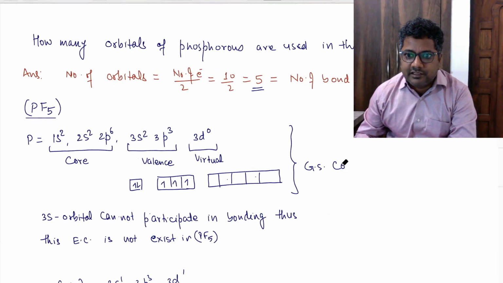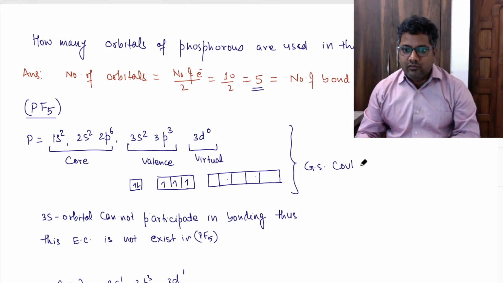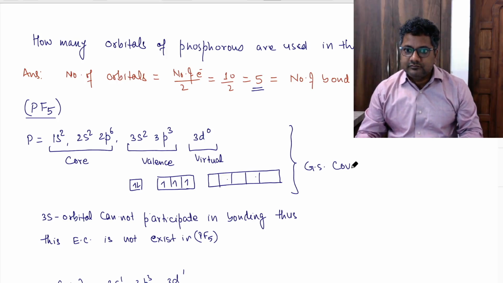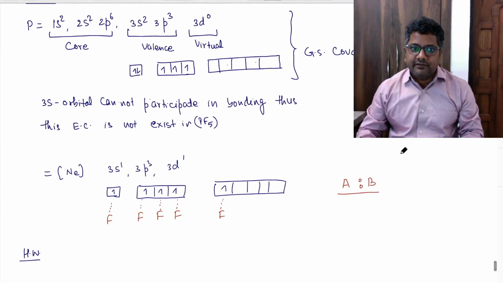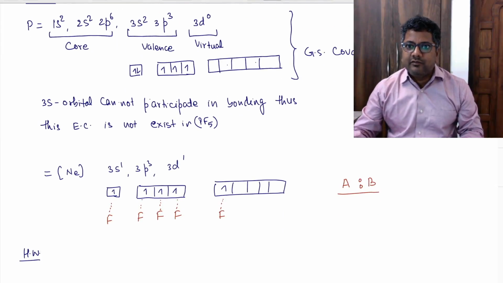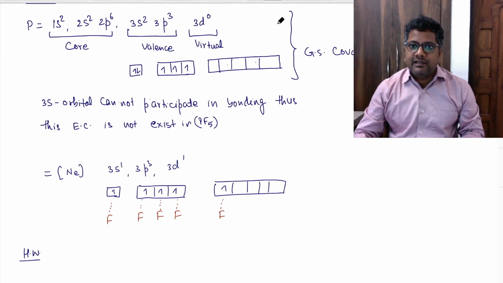Here the covalency is 3, and here the covalency is 5. So in this state the covalency is 5.